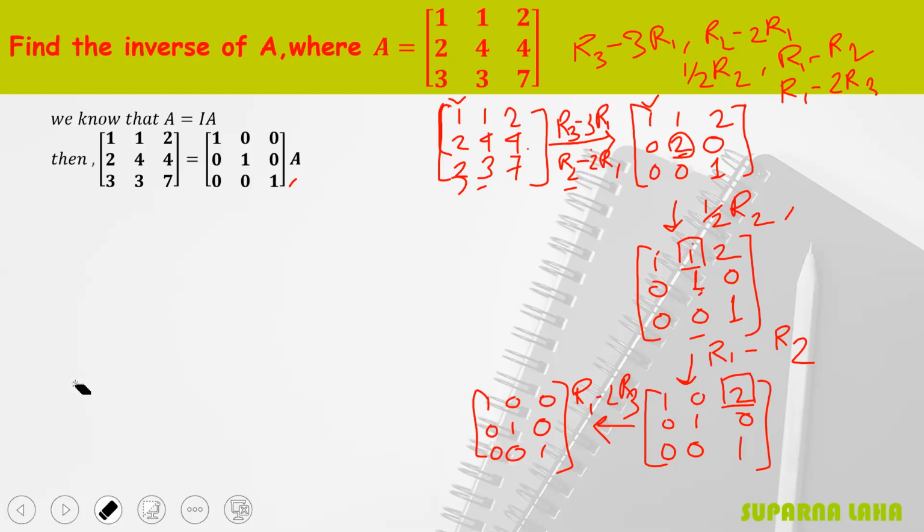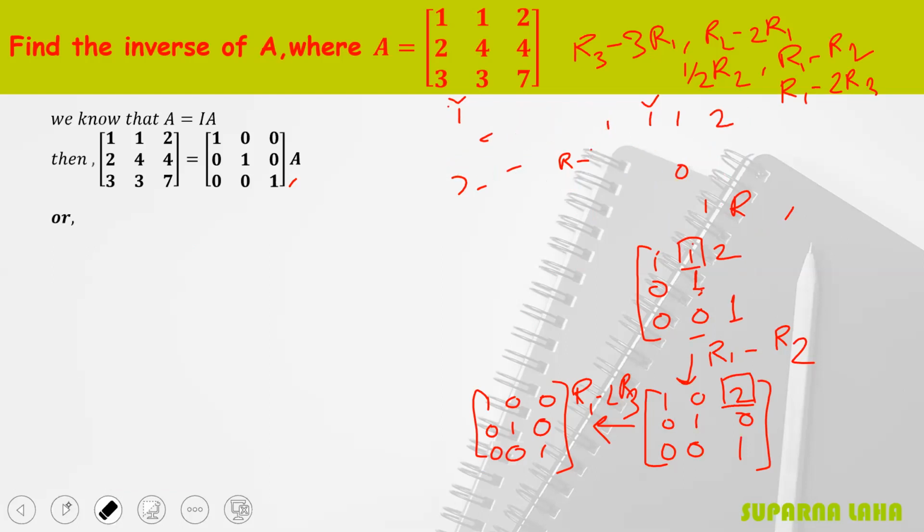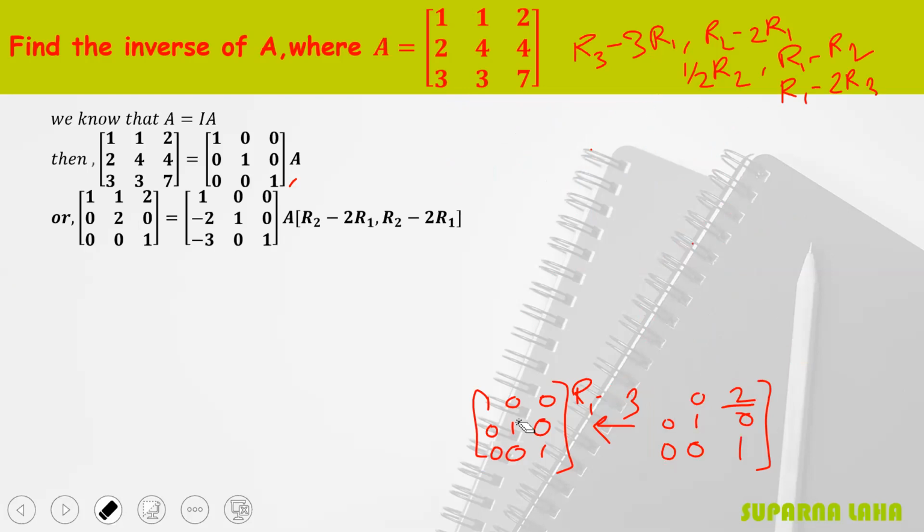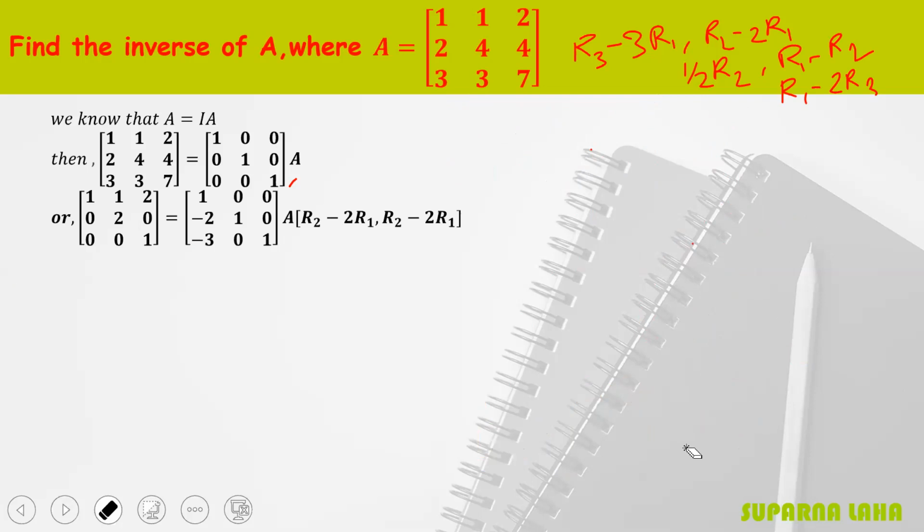So apply this one. If we apply R3 minus 3 R1 and R2 minus 2 R1, you will find this matrix is given by 1, 0, 0, minus 2, 1, 0, minus 3, 0, 1. Just 0 minus 2 and 0 minus 3. This will change.